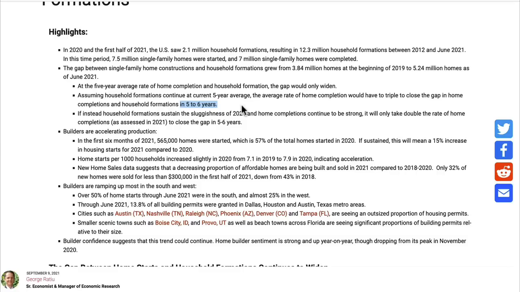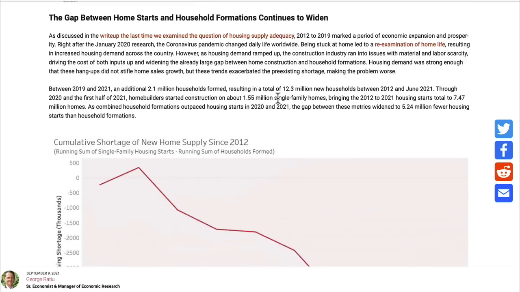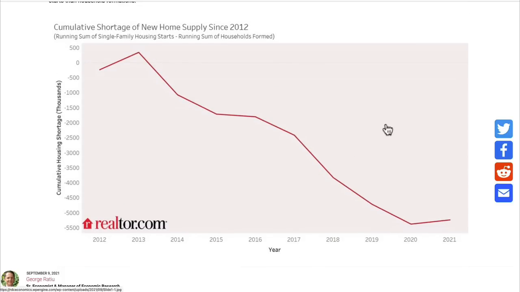If I can't find any better evidence of supply driven housing pricing than what we're seeing here, that you have demand growing at a certain rate and supply growing at a rate significantly less, and you end up with this huge deficit that even if you tripled supply at this point going forward, it would still take 5 to 6 years to work all this off.